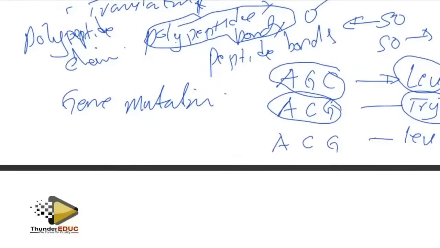So you have to tell us that when AGC is changed to ACG, tryptophan will be added to the polypeptide chain instead of leucine. This leads to a different protein or different functioning of a protein. Mentioning this is a tick, and mentioning a different protein is another tick, because this question is always 3 marks.